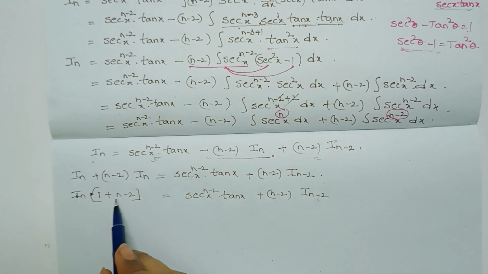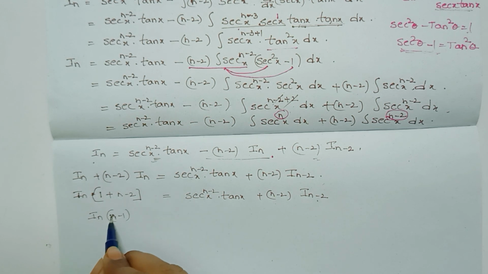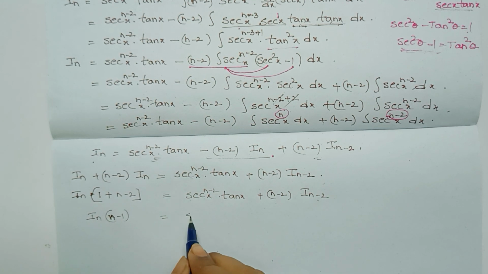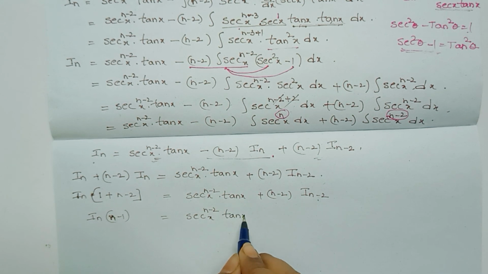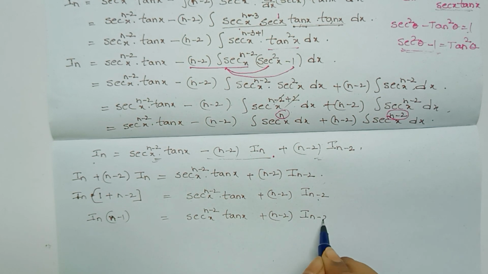Okay, n minus 2 plus 1 is n minus 1, n minus 1 is equal to, ఈ సైడ్ యాజ్ ఇట్ ఈజ్ రాస్తాం plus n minus 2 into In minus 2.